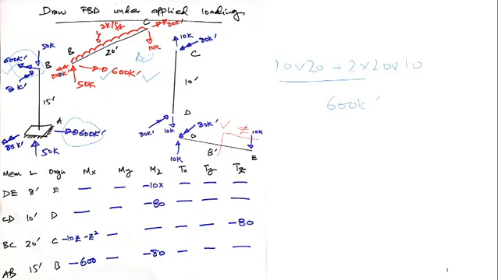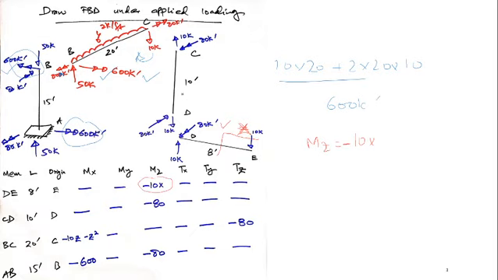And this is X, this is 10X. So it is Y and this is in X, so the moment would be under MC. So 10 into X is forming a clockwise moment, so I have to apply a resistive one. That's why I have written minus 10X.